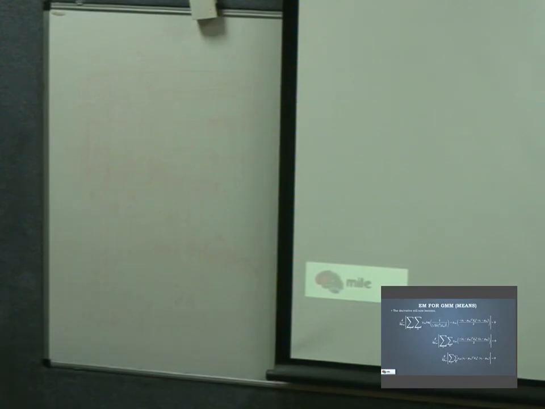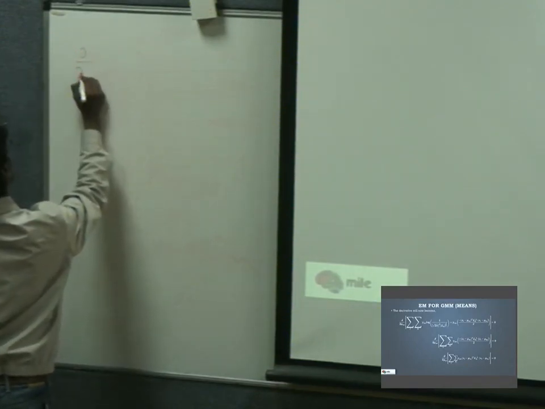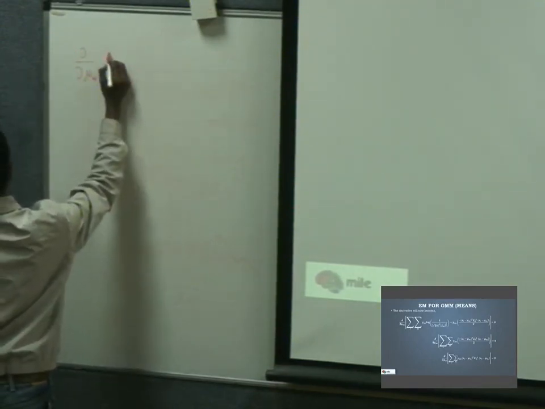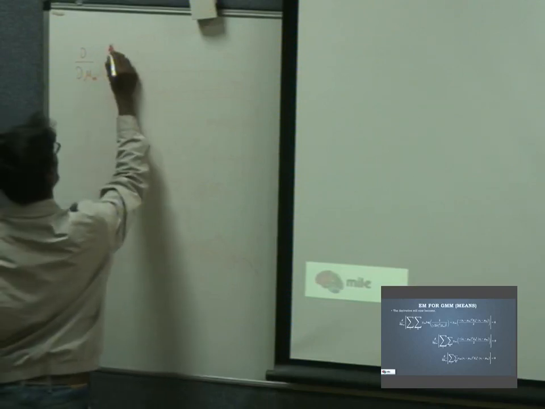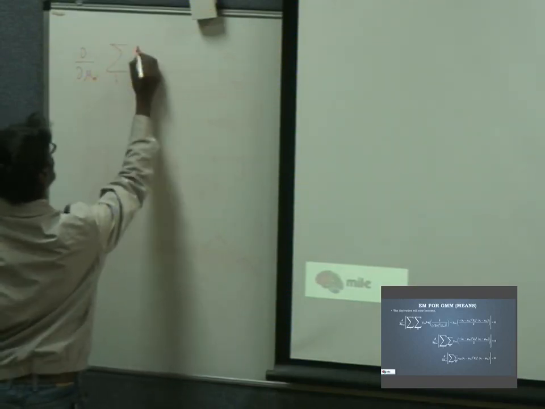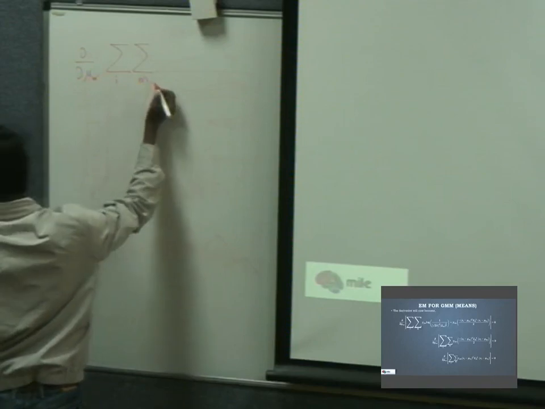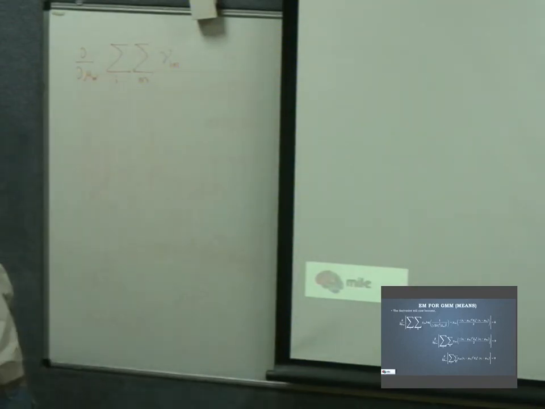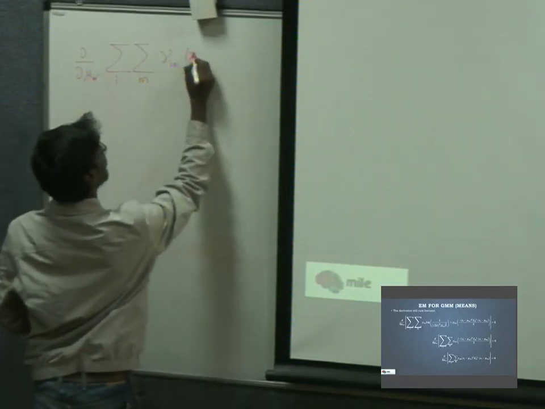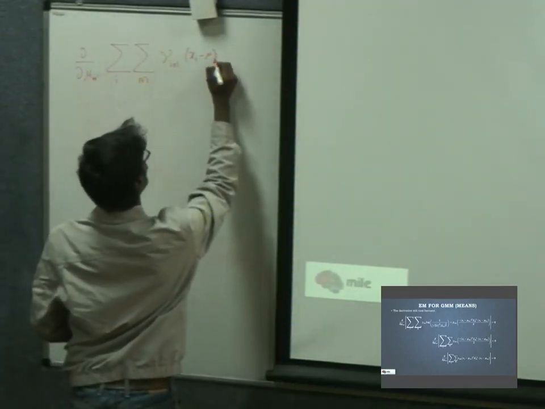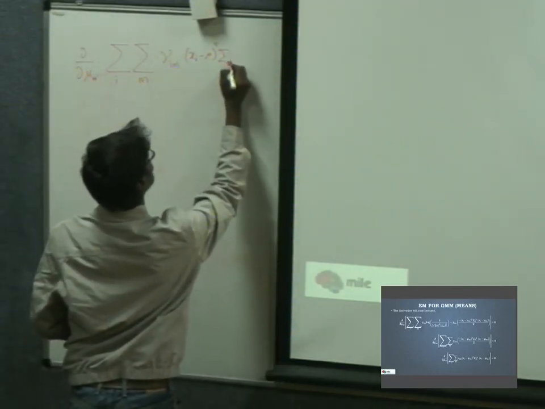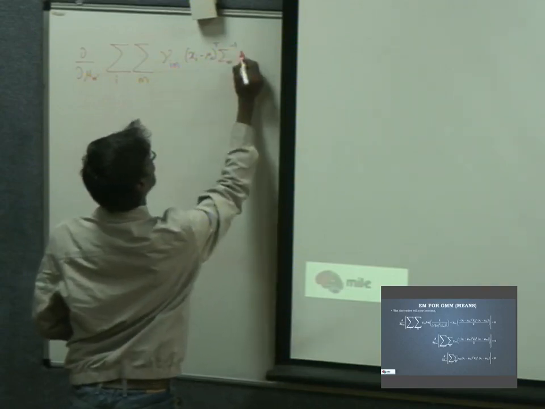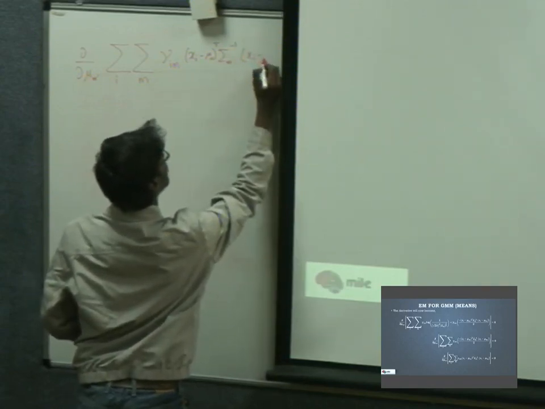What we have here is the sum over i, sum over m, gamma im, times xi minus mu transpose sigma m inverse xi minus mu.